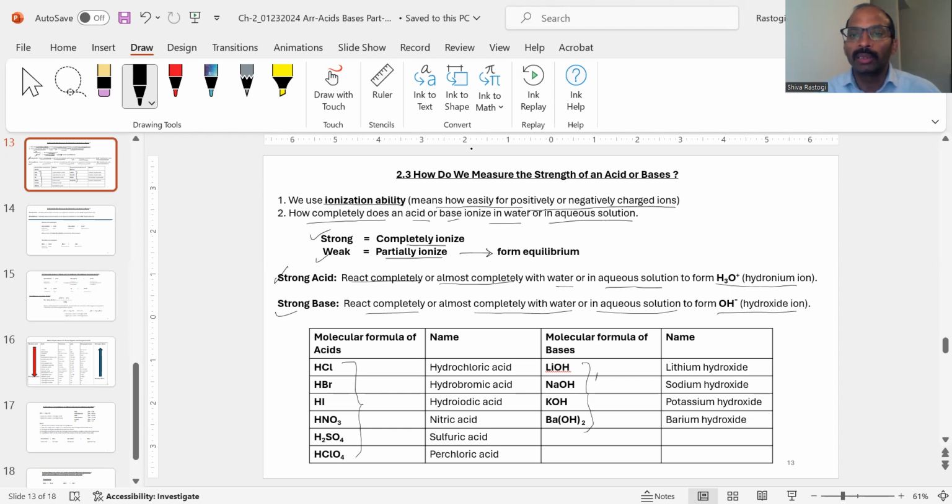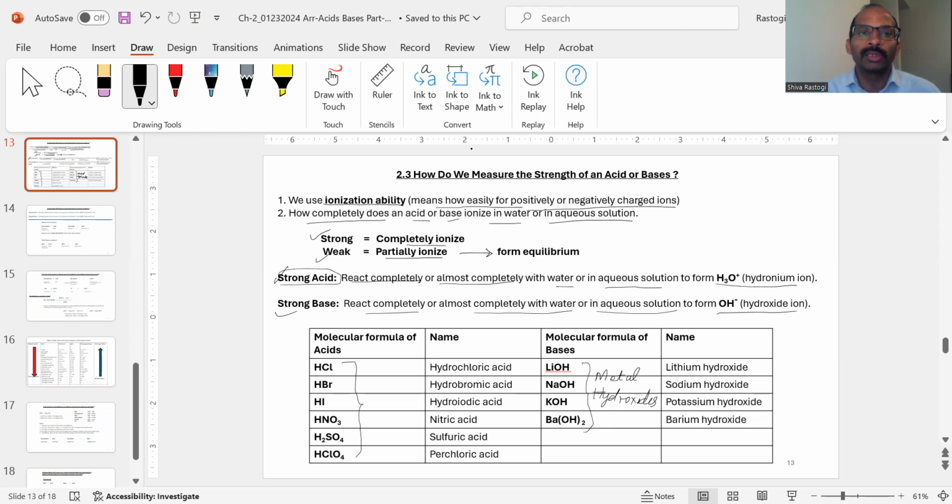And these are the strong bases. They are called the metal hydroxides: lithium hydroxide, sodium hydroxide, potassium hydroxide, and barium hydroxide. So they are all very strong.